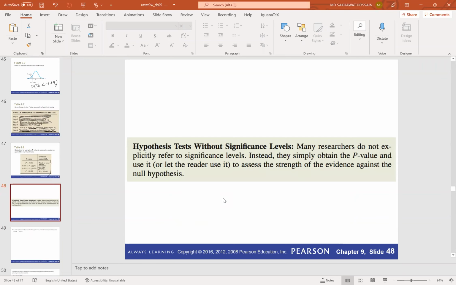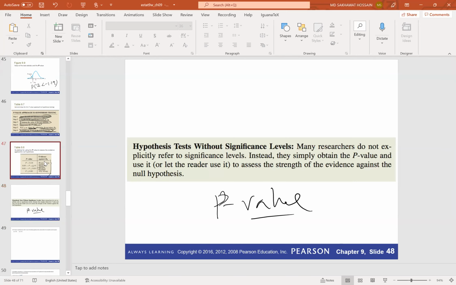Okay, so hypothesis test without significance levels. If the significance level is given, then we'll compare the p-value and significance level, and we'll make our decision. Many researchers do not use the significance level. They just calculate the p-value, and based on the p-value, they see where it falls.